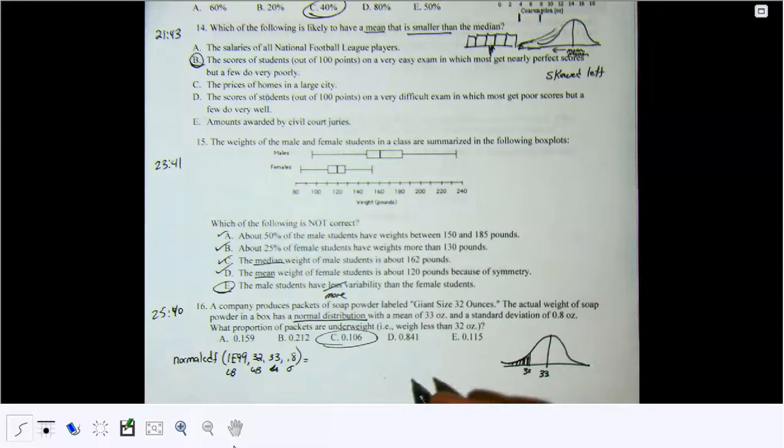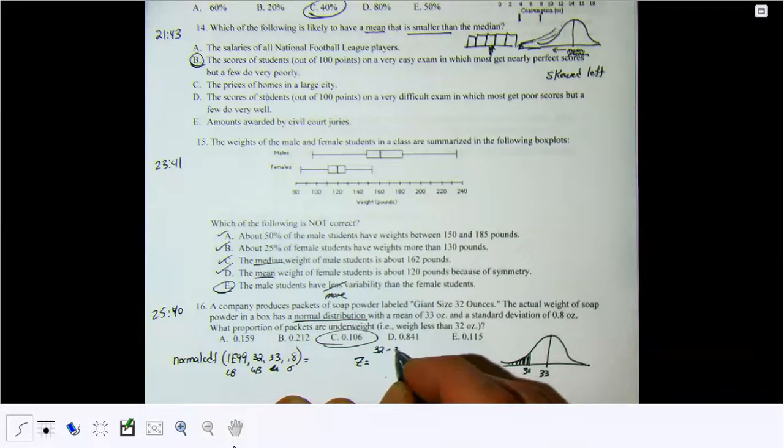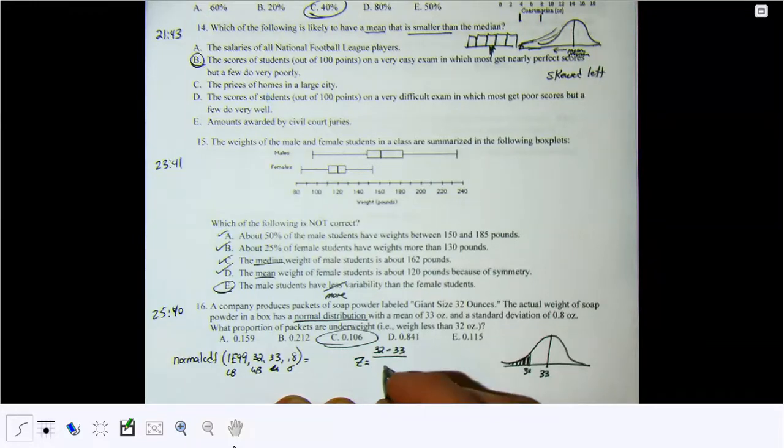Now this one I'm going to walk through old school, but let's make sure we can understand how to do that otherwise. So we can actually do it with a z-score. That z-score is going to be the observed value, 32, minus the expected value, which is 33, and we're going to divide that by the standard deviation, which is 0.8. If I do that on my calculator, that gives me a negative 1.25.